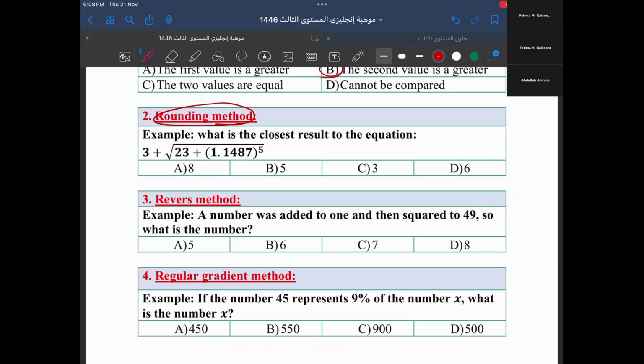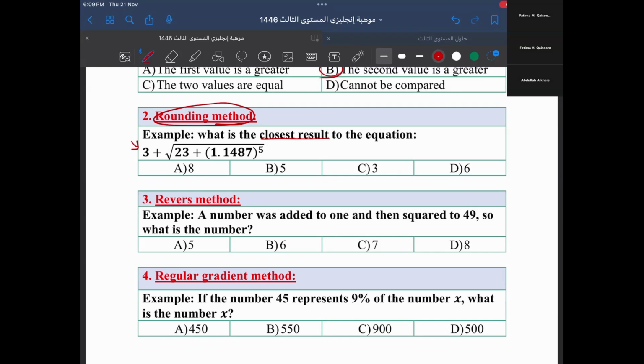Yalla, question 2, the rounding method, where you do not need to get the exact number. You just need a number close to it. So what is the closest result to this equation? Is there anyone who knows how to do this question? First, we said that we're rounding.